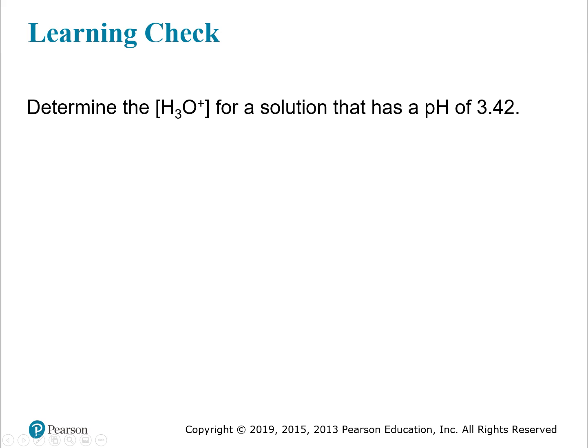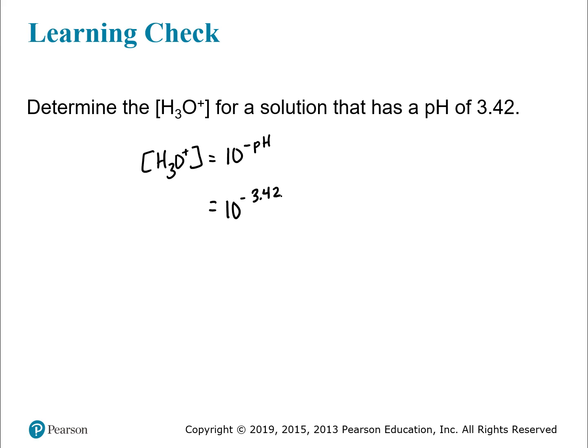So let's practice that. Determine the hydronium concentration for a solution that has a pH of 3.42. Again, don't forget that negative here, because it is a big difference: 10 to the negative something versus 10 to the positive something. When we just put in what we have, our pH is 3.42. You'll need to find that little button that we talked about.